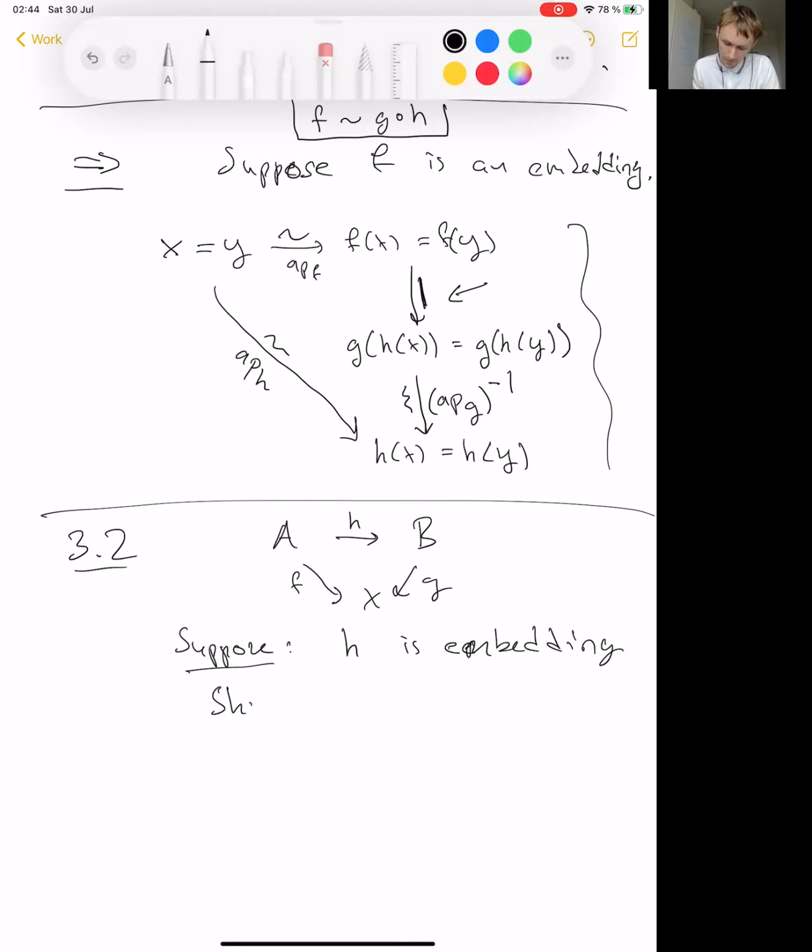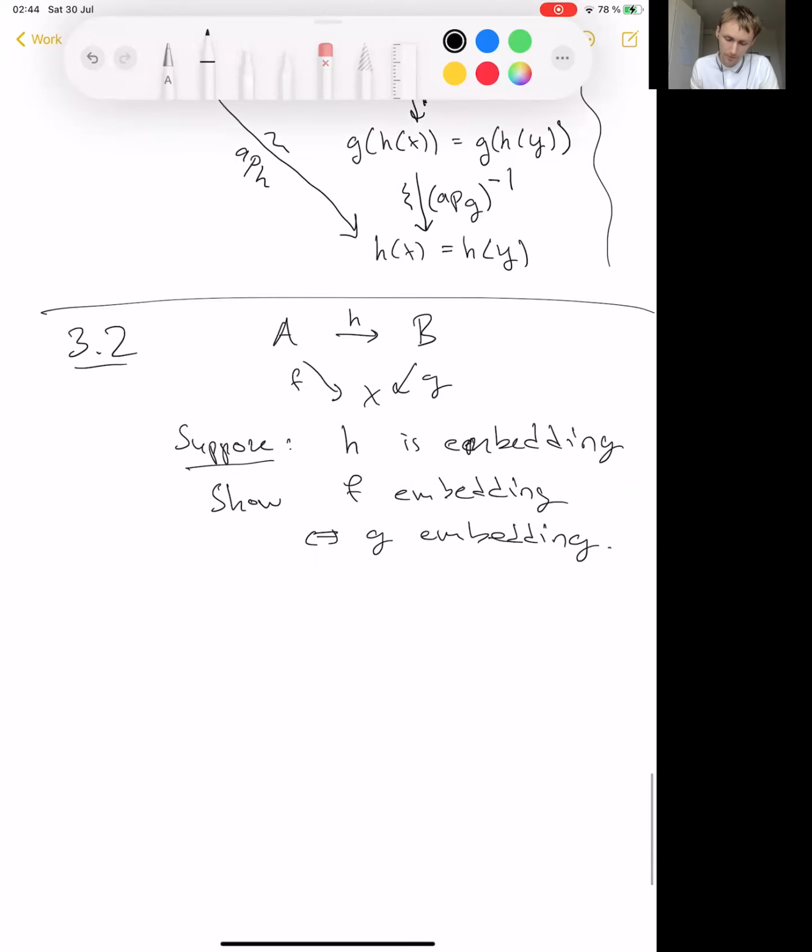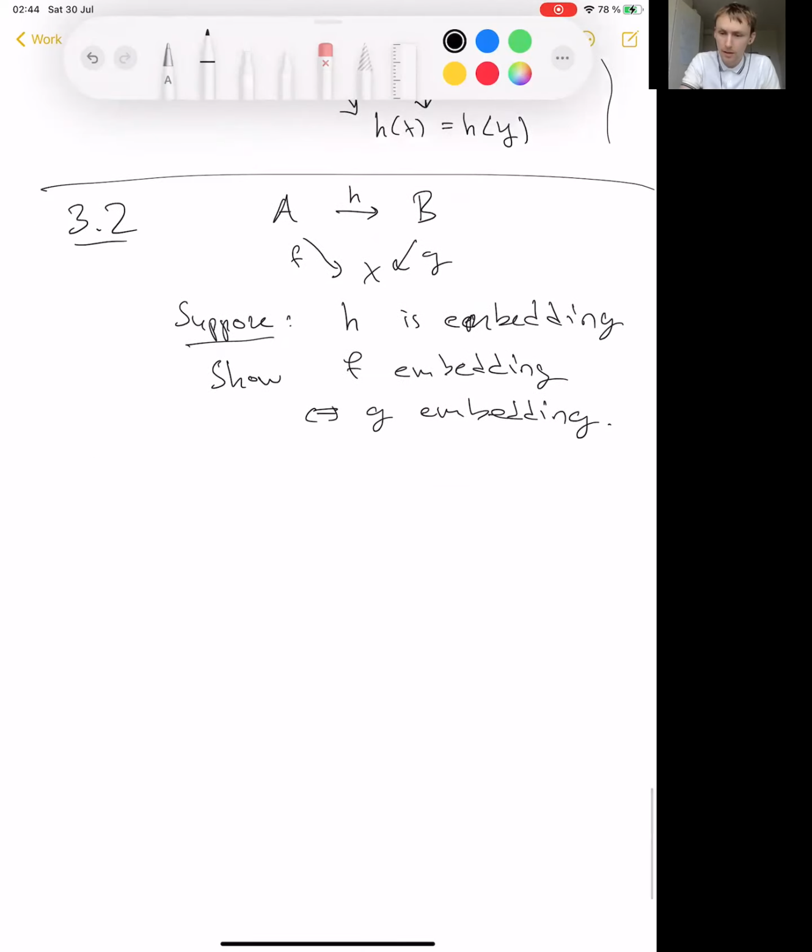And we are to show a similar statement: we're supposed to show again that F is an embedding if and only if G is an embedding. So similar problem, but a different proof technique. But I think the proof might actually be easier.